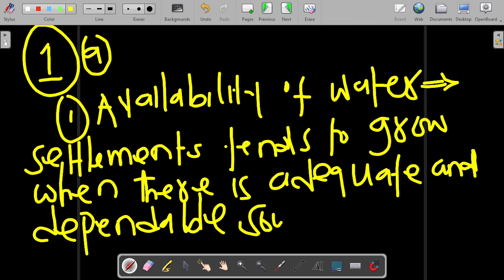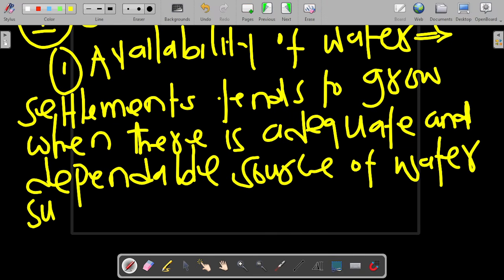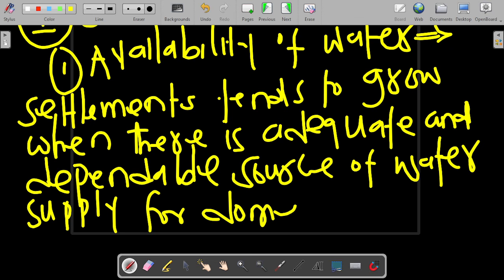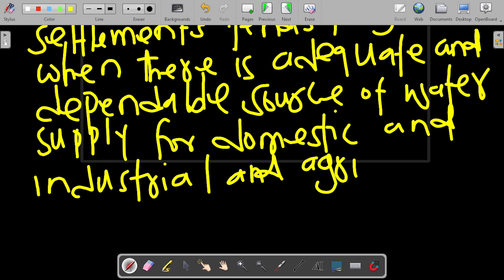Dependable source of water supply for domestic and industrial, and most importantly agricultural purposes.